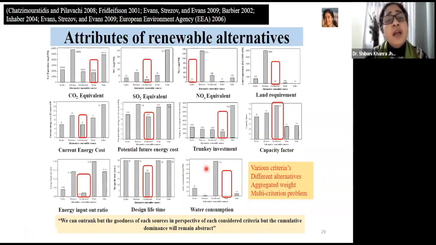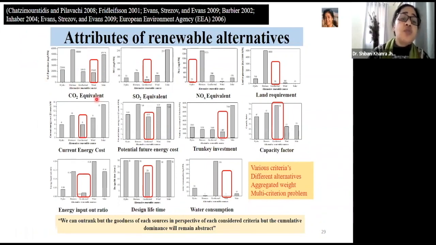These aspects are considered as attributes or criteria for each of these alternatives. So the data was looked into, to see how it varies with respect to each of these alternatives.